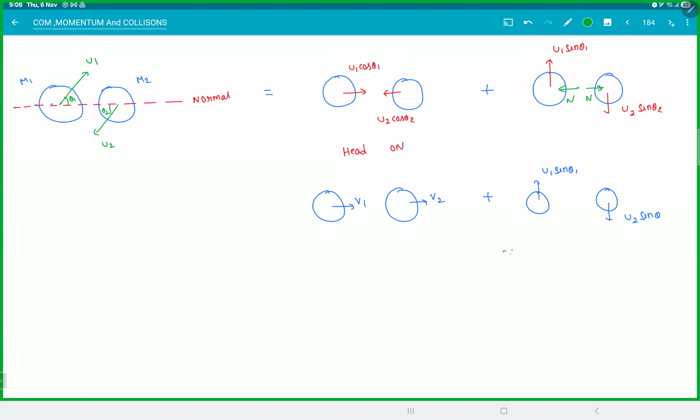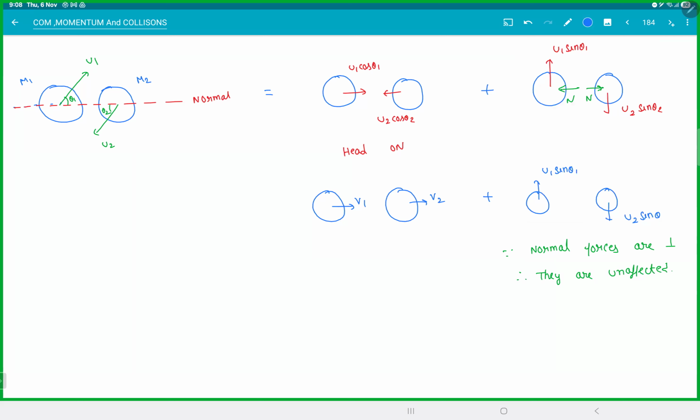Since the forces during collision, or you can say the normal reaction, is perpendicular to those velocities, they are unaffected. So no matter how big the collision is, these components won't get affected.